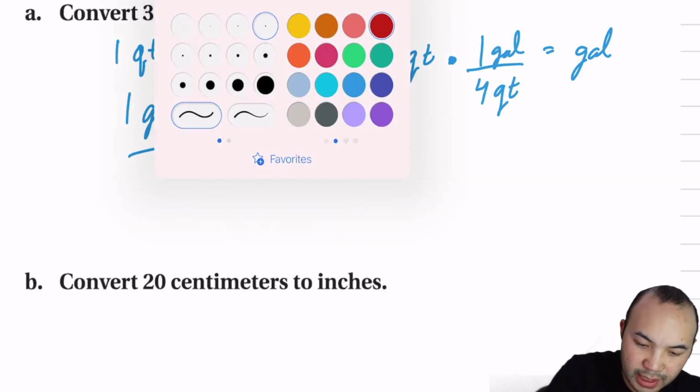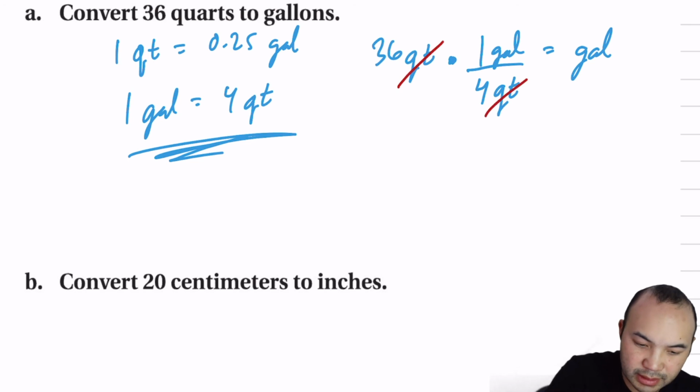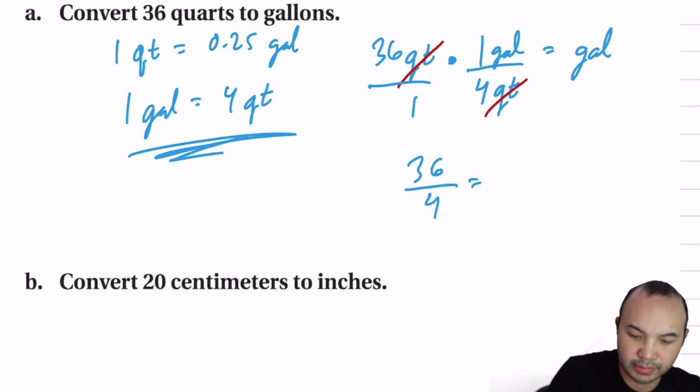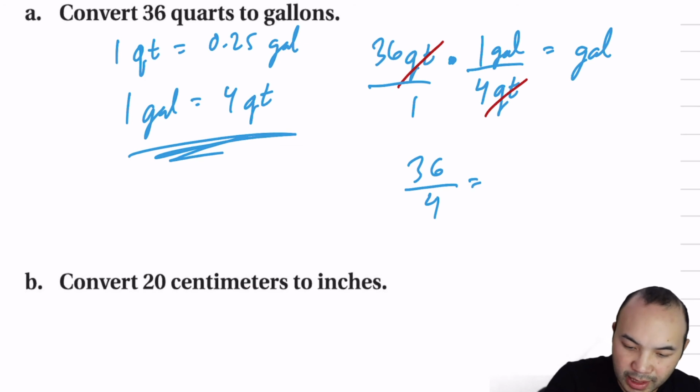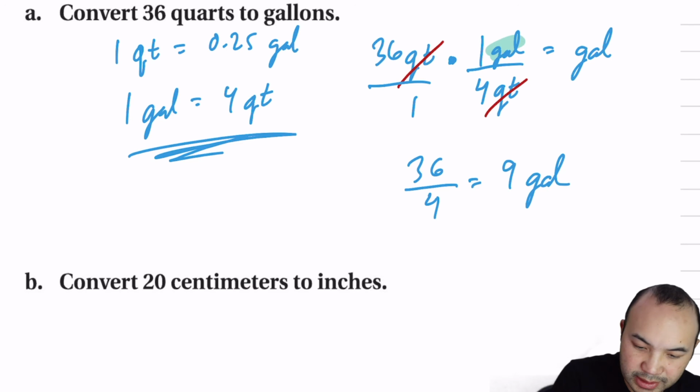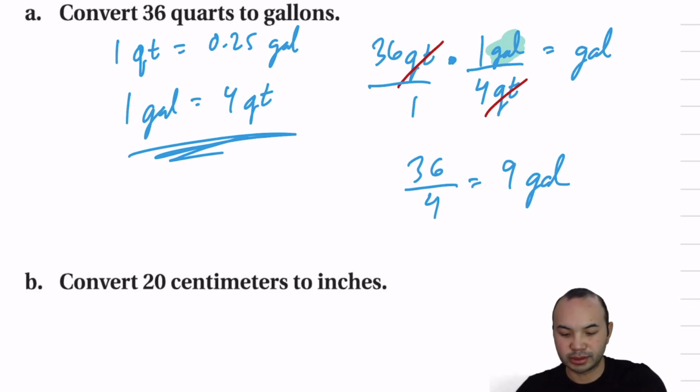As you can see, I can cancel out my quarts. If I multiply this out, this is over 1, I have 36 over 4. That's going to give me 9. So I have 9 gallons, because all I'm left with is gallons. I was able to cancel out the quarts.